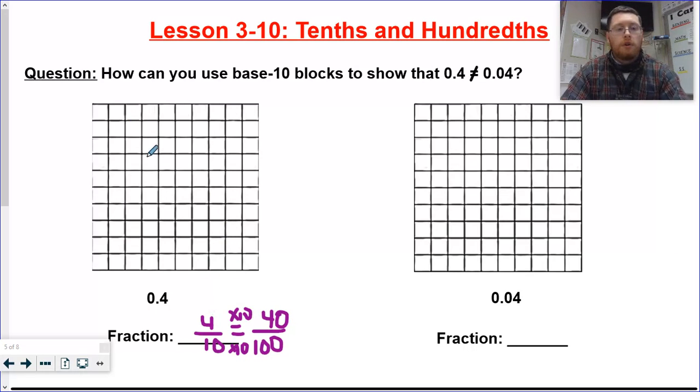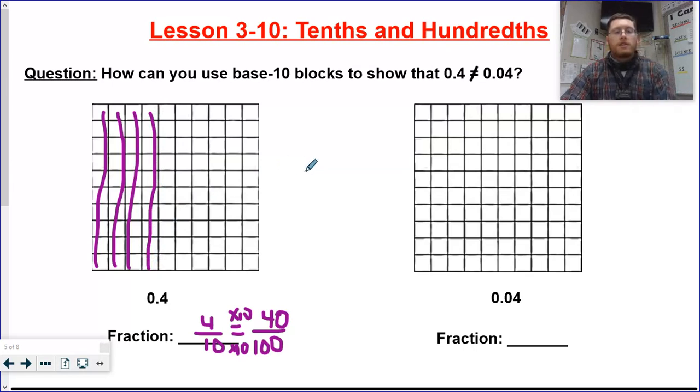Now I could also color in 4 of these groups of 10, or the longs. There we go. So I have 40 of these colored in out of 100, or 4 longs out of 10 total longs.